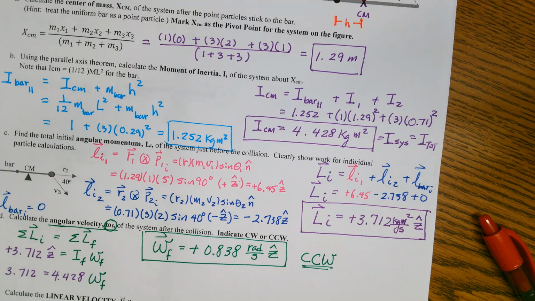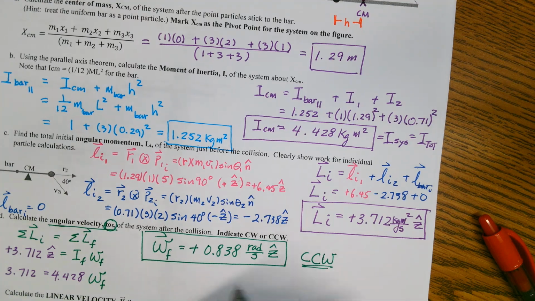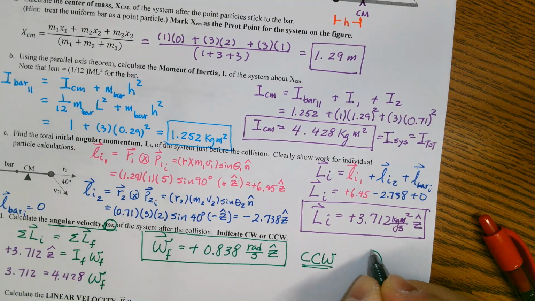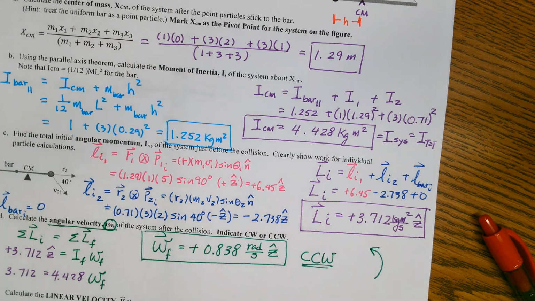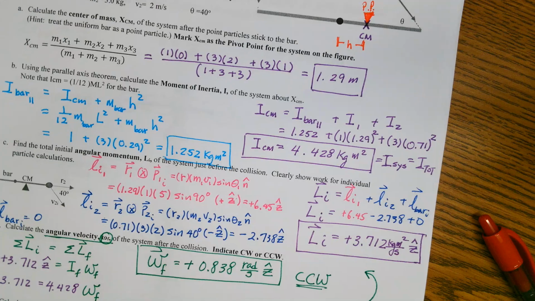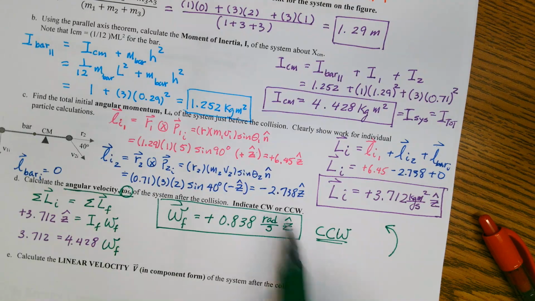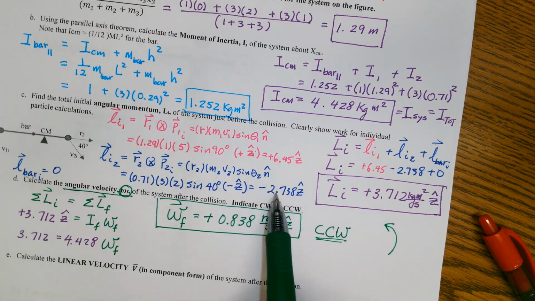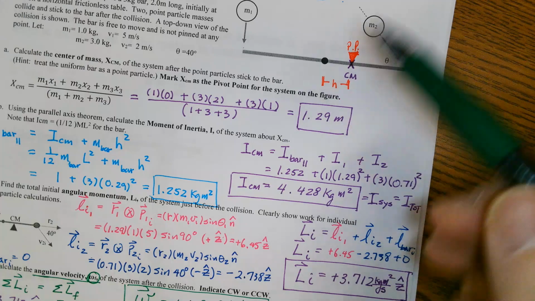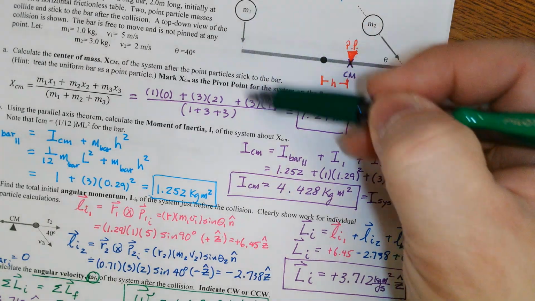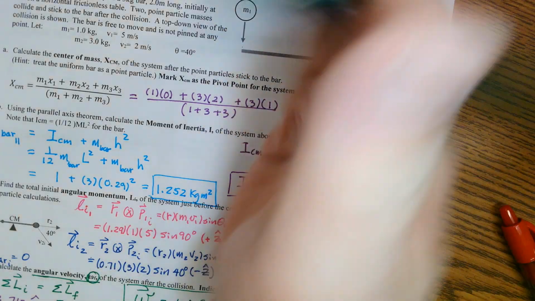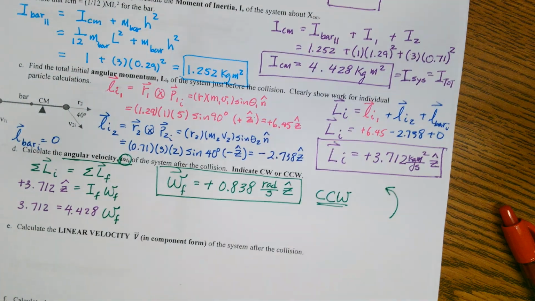So it's most likely going to spin this way. You could see who's going to win. This one's going to win, most likely.